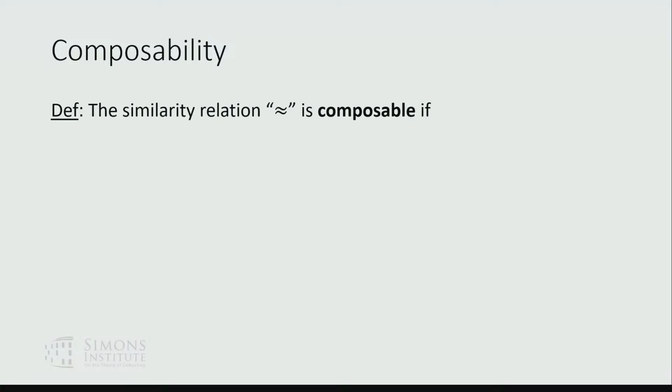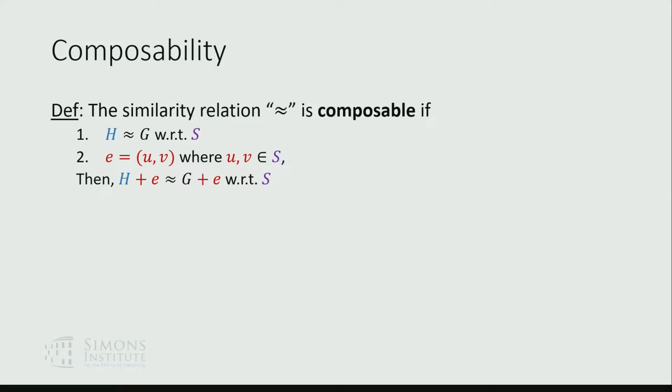I will say this similarity relation is composable if, when G is approximated by H with respect to S, and you have an edge H_UV whose endpoints are both in the terminal set S, then H plus that edge and G plus that edge still approximate each other with respect to S.